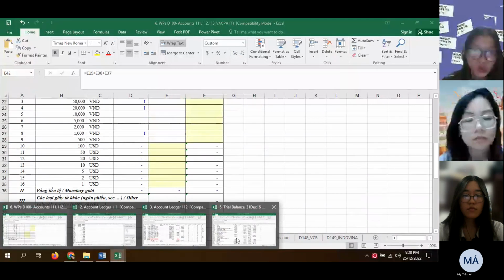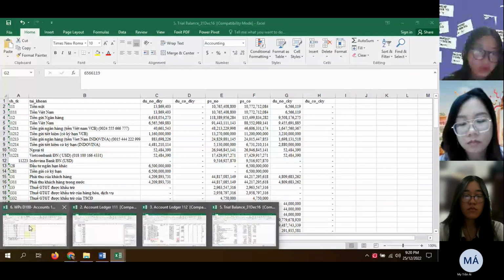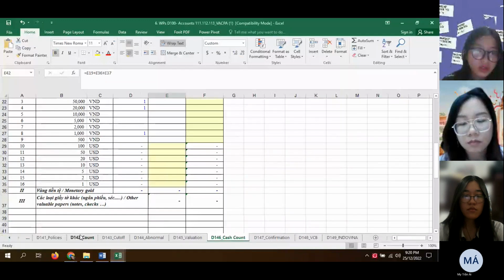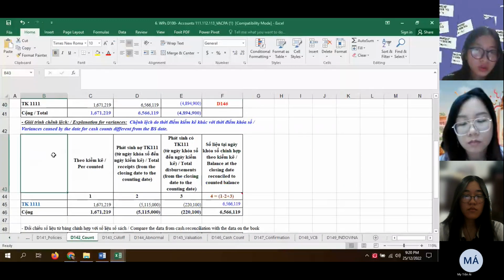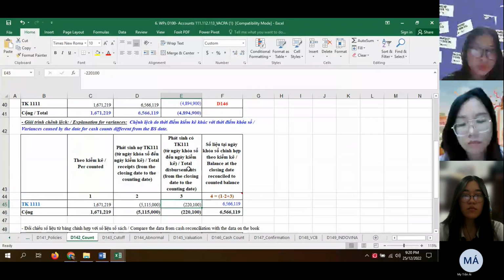And the trial balance at the cash on hand for this. And the total disbursement from the closing day to the counting day is 220,100.